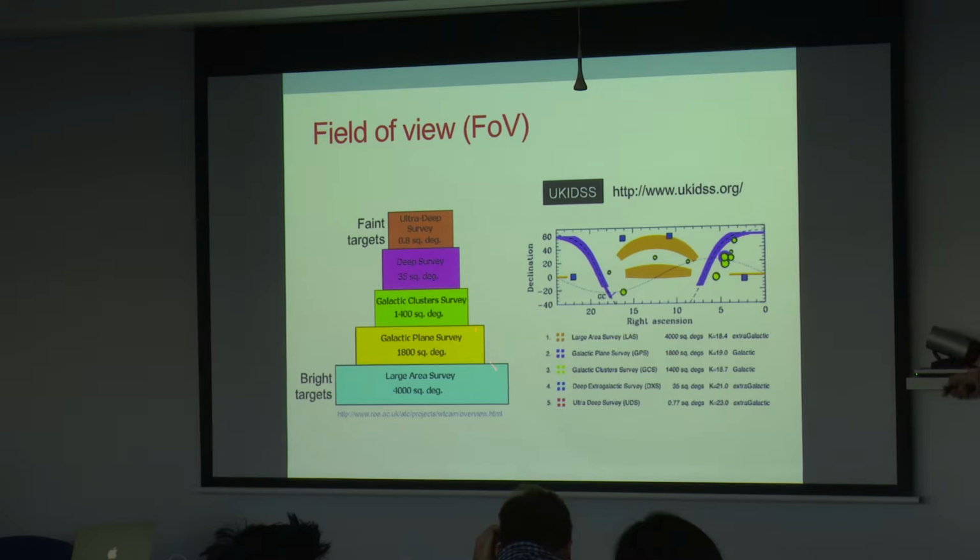And so there's this kind of classic wedding cake thing where at the top here you can see very faint targets, but you have to compromise on the field of view. So you zoom into an ultra-deep survey and spend quite a lot of time just on that one little chunk of sky, and also zoom way out and detect the brighter sources. And it's kind of complementary. You learn about the brightest things in the universe in the large area, but also the faint things as well. So this is quite a common technique for large surveys.